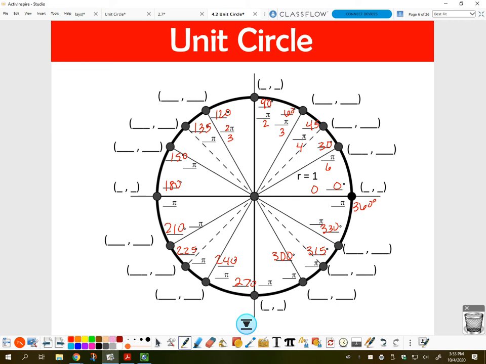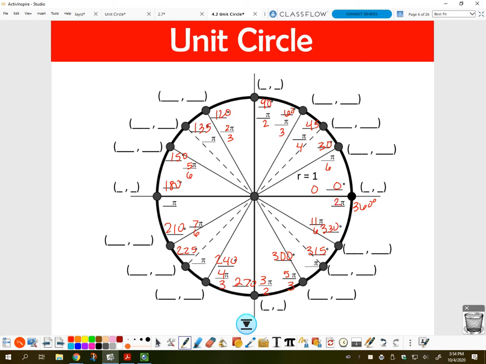Alright, so the way that I think that you should try to do this is just do the sixths. So 1/6, 2/6, 3/6, 4/6, 5/6, 6/6, 7/6, 8/6, which reduces, 9/6, which reduces, 10/6, which reduces, 11/6, and then 2 pi.